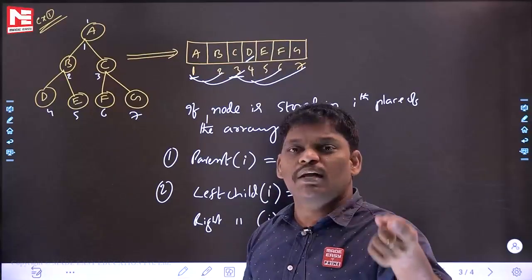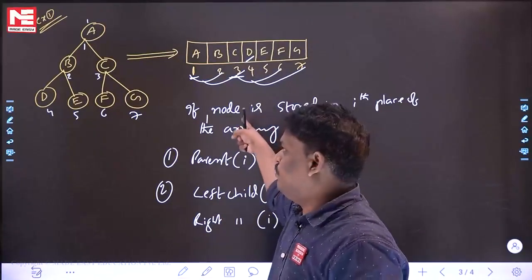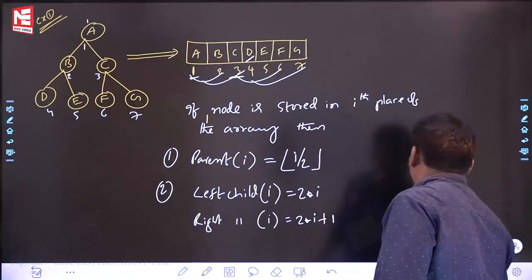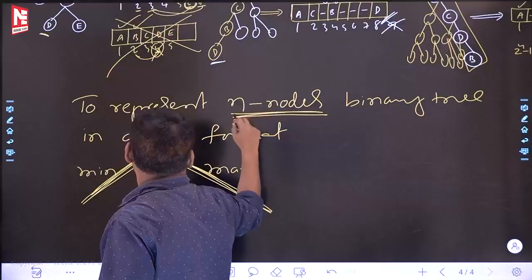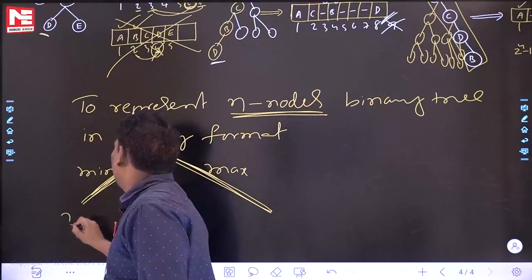In the last level, gaps after the last node don't matter, because after the last node the binary tree is over. N nodes are there, n slots are enough. So the minimum size array required is n.